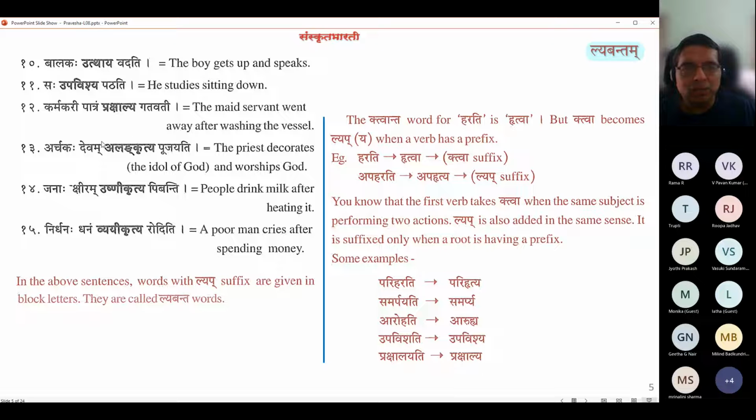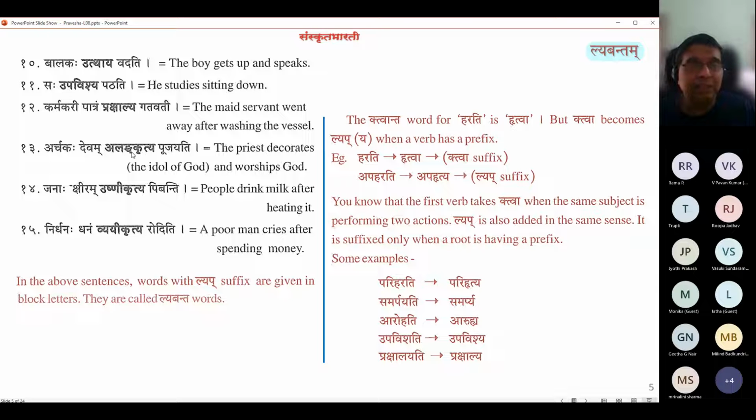There are some upasarga-like attachments that also influence the lyabanta. They have not specifically said that so far, but you can see alam is not an upasarga, ushni is not an upasarga, vyayi is not an upasarga. These are other than upasarga-type prefixes that also enhance the dhatus.